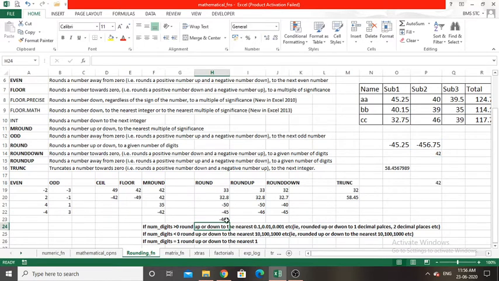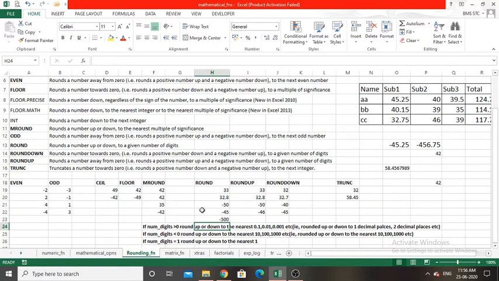So see, it also took the tens place value, so it is -460. If I pass -2 here, what will be the output? It considered 100 as the value.